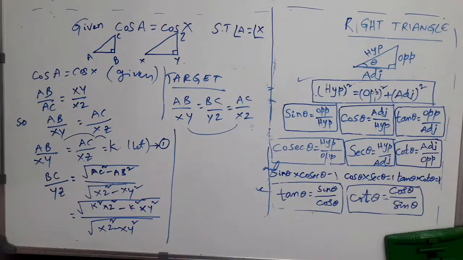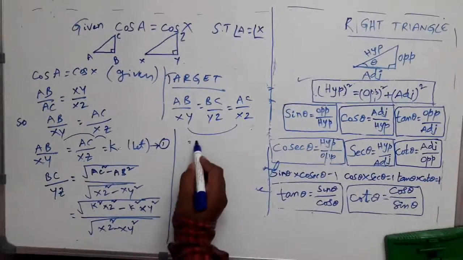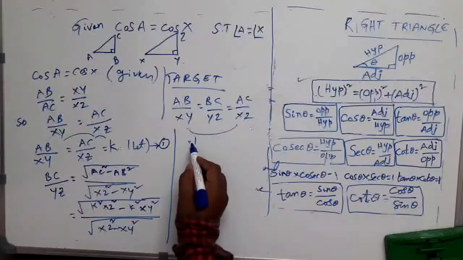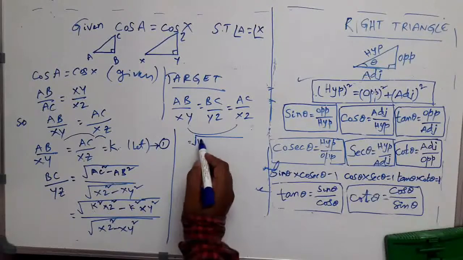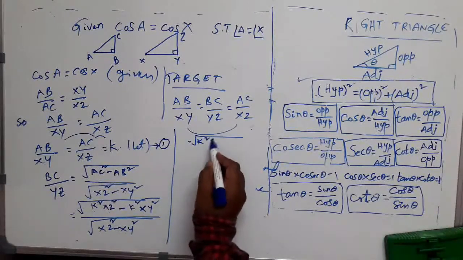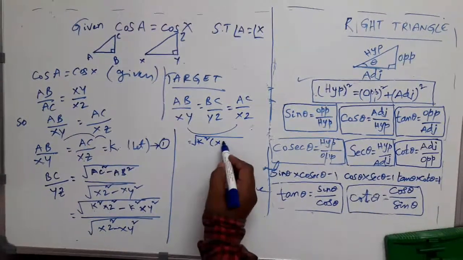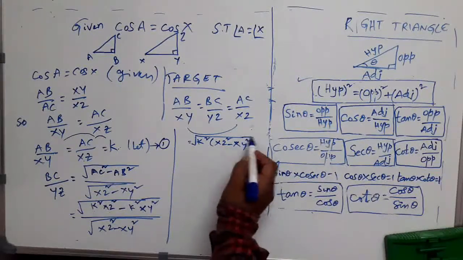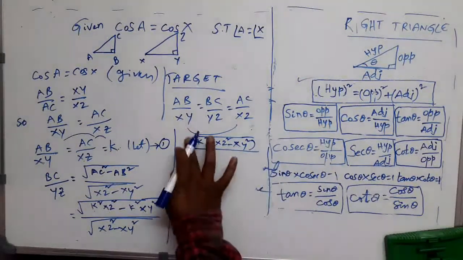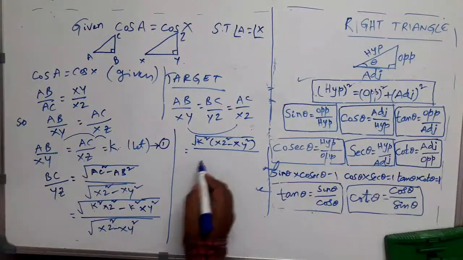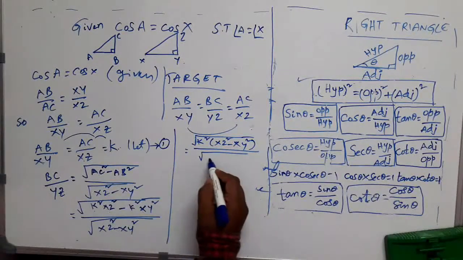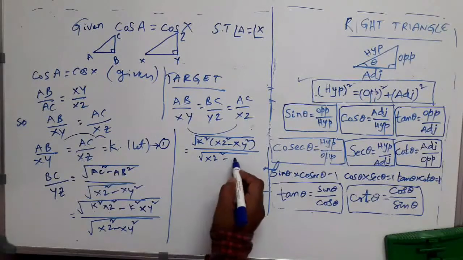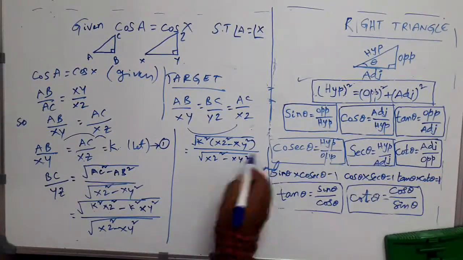Yes. See, you observe the numerator. This is K square into XZ square minus K square into XY square. So can I take K square common? Yes. So this is root of K square multiplied by XZ square minus XY square, divided by, what is the denominator? Same as it is, I am writing XZ square minus XY square.